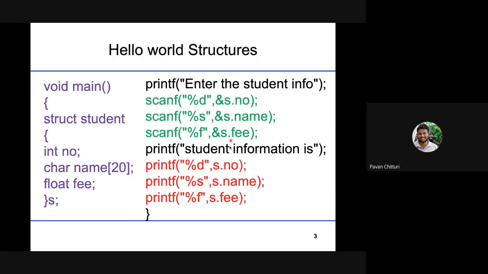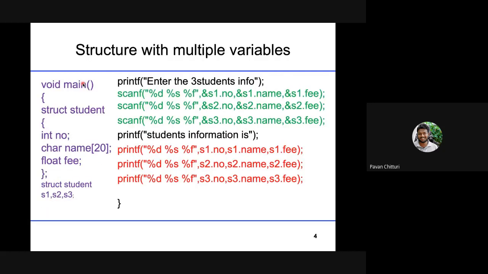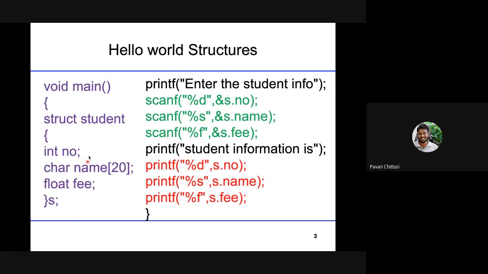And how do you display it? Just like how you store with yes dot number, you will display with yes dot number. So this is a simple example for structures. And structures with multiple variables: you may want to create multiple variables, for example, student. In the hello world structures example, we have maintained one student's data.